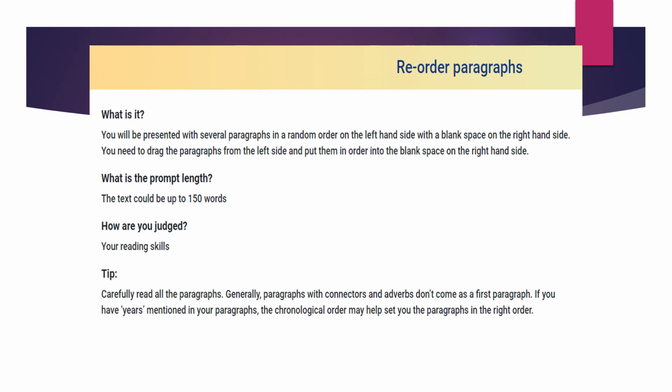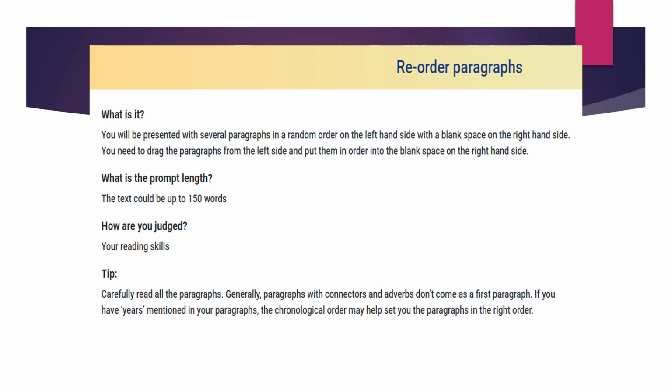For reordering paragraphs, you will be presented with several paragraphs in a random order on the left hand side with a blank space on the right hand side. You'll need to drag the paragraphs from the left side and put them in order into the blank space on the right hand side. The text could be 150 words, and your reading skills will be judged. You need to read all the paragraphs carefully.